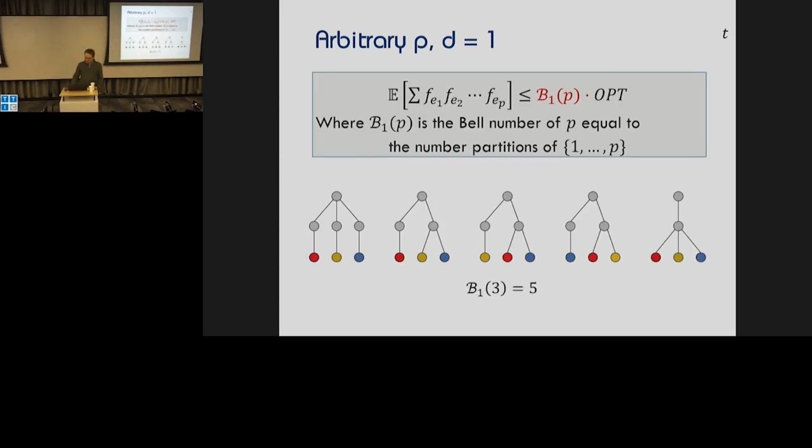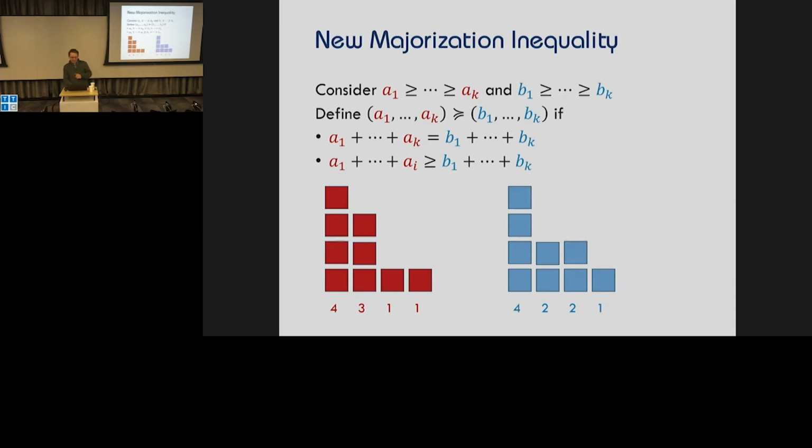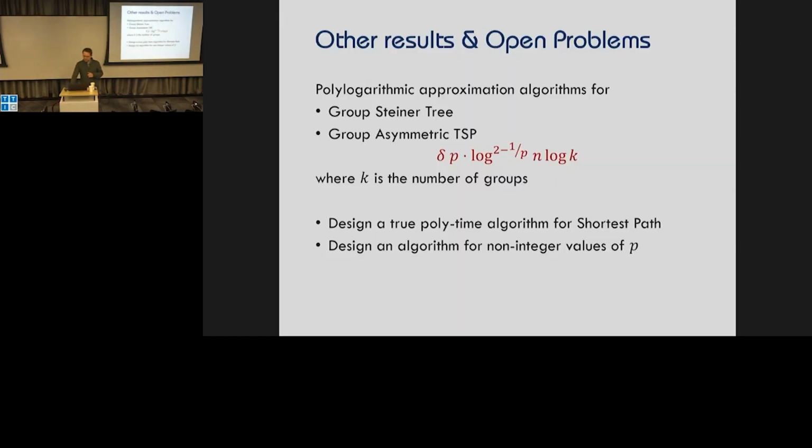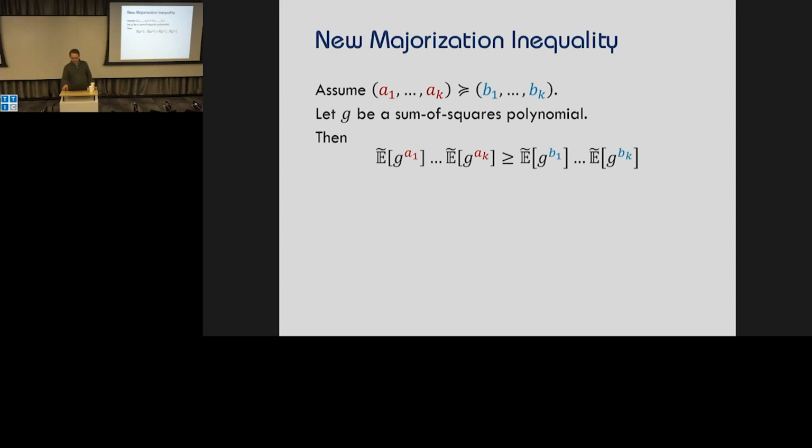So at the end of the day, we get that the sum over all possible choices of e1 through ep is upper bounded by the number of different partitions of a set of p elements. So we get this upper bound on the approximation ratio. When d is greater than 1, we use basically the same idea, but it becomes a little bit more complicated, and we need some additional inequalities for SOS pseudo expectations.